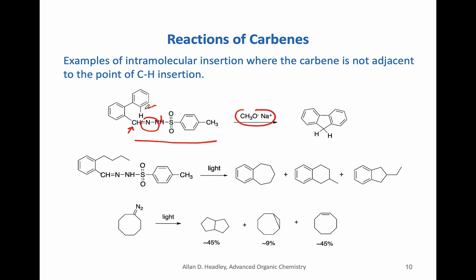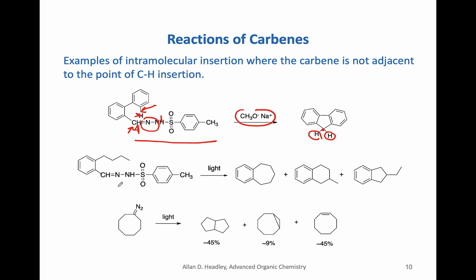It can insert into that CH. And here it is, so here's that carbene that's inserted into that CH. So this H is right here, and this H is right here. So we have an insertion into that.